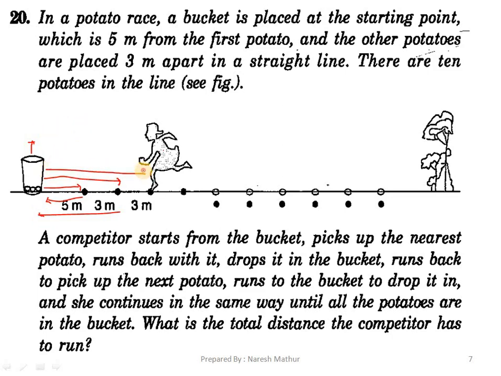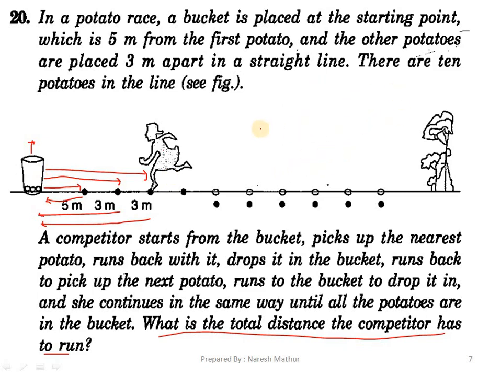Similarly for the third one. This process will continue until she collects all the potatoes. Now the question is, what is the total distance the competitor has to run? So we need to find the total distance she has to run.